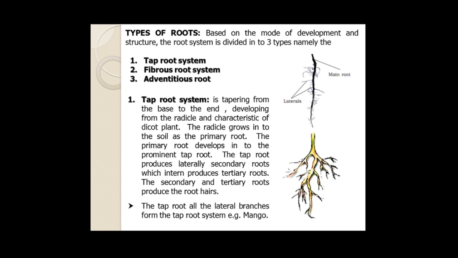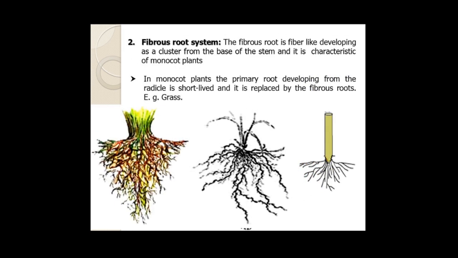The secondary roots and tertiary roots produce the root hair, whereas the primary root doesn't have the root hairs at all. The taproot and all the lateral branches form the taproot system. Example, mango. The water is absorbed mainly through the root hairs.